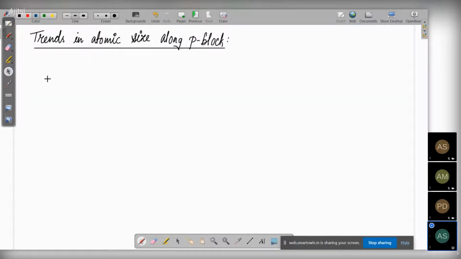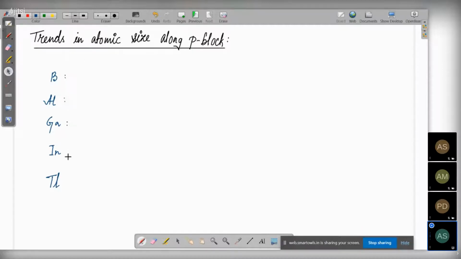Let's take group 13: boron, aluminium, gallium, indium, thallium.